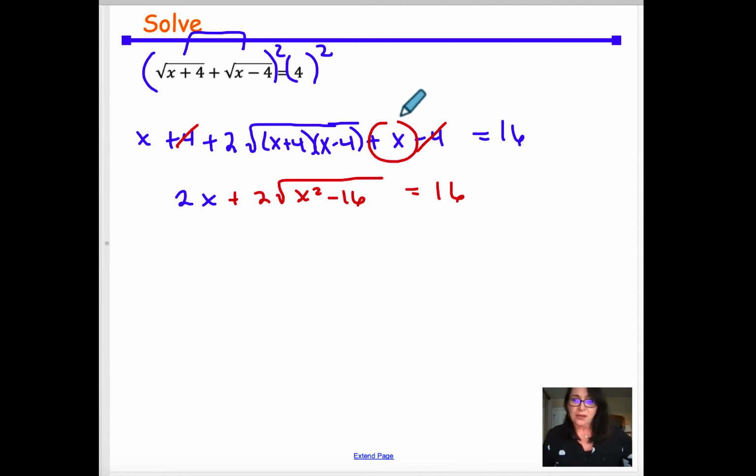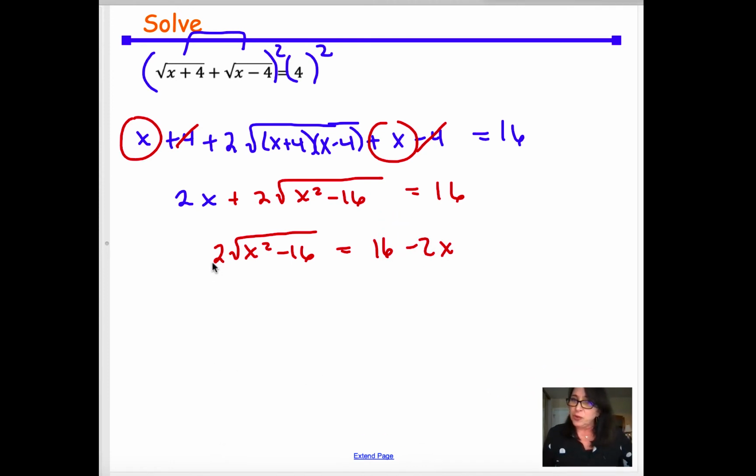So I've got 1x and 1x, so that was my 2x. I still have this 2 here because it was doubled, right? 16. So now I'm going to subtract 2x from both sides. So I have 2 times the quantity x squared minus 16 is equal to 16 minus 2x.